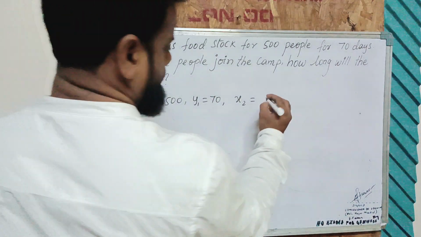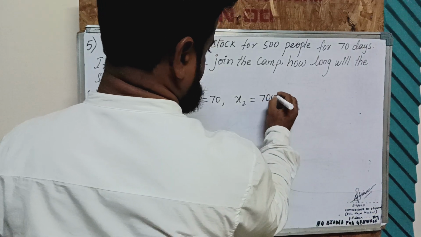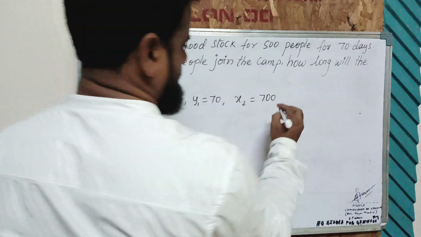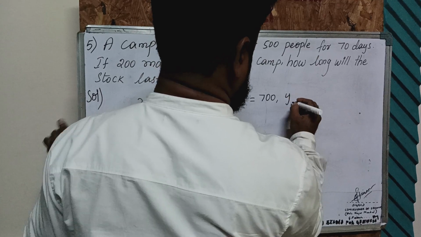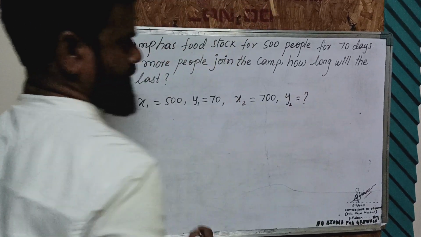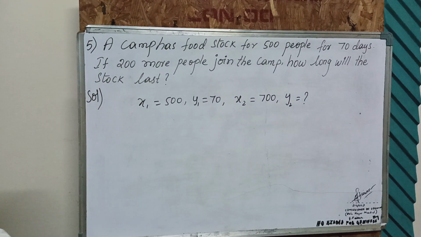So x2 is going to be 700. We have to find y2, that is the number of days the food stock is going to last.